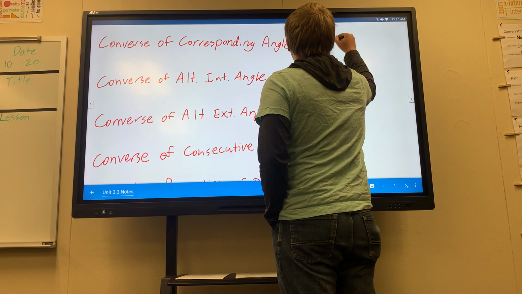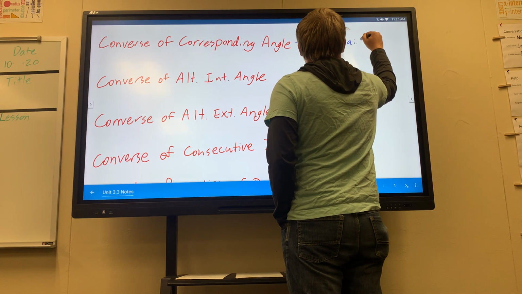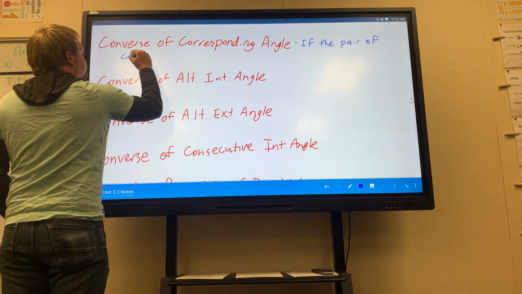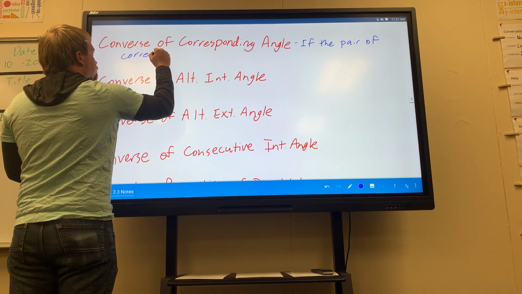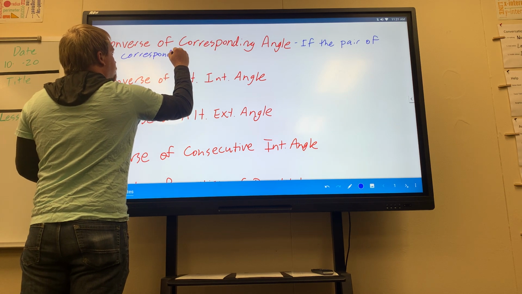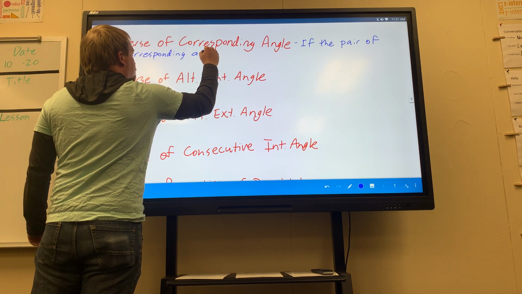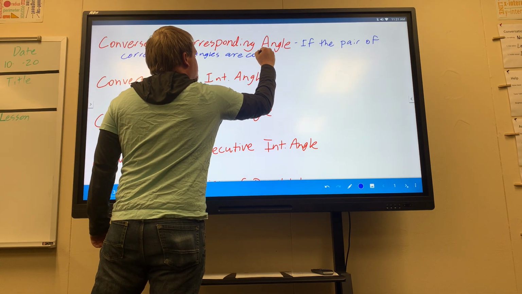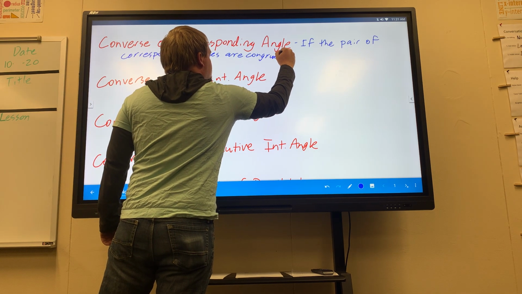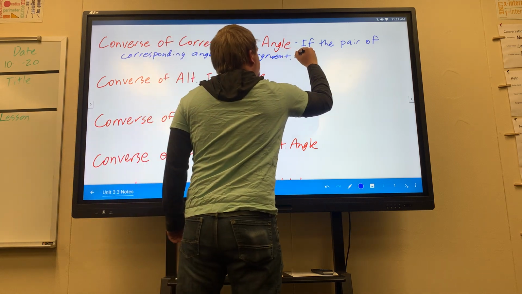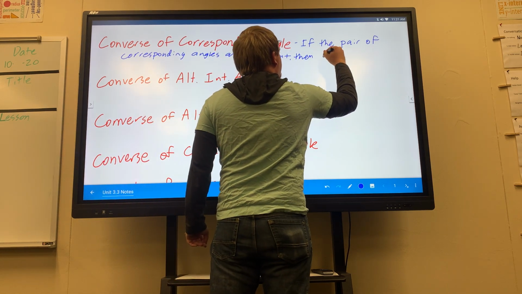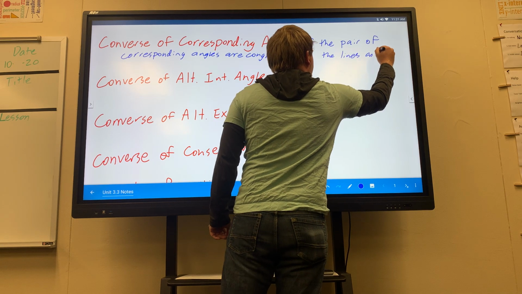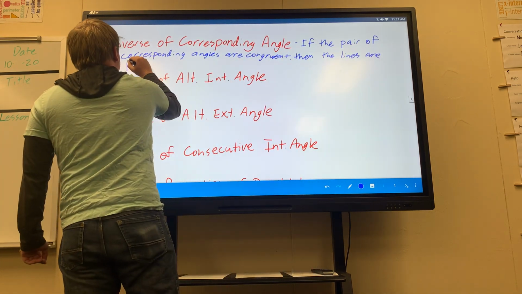if the pair of corresponding angles are congruent, then the lines are parallel.